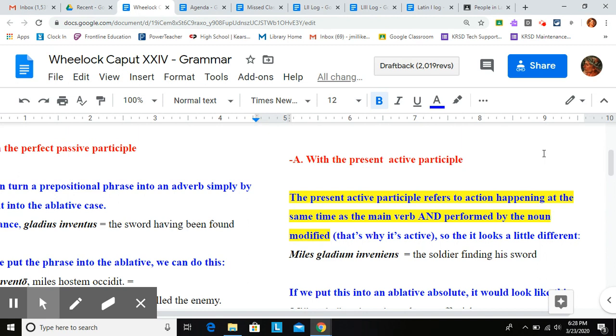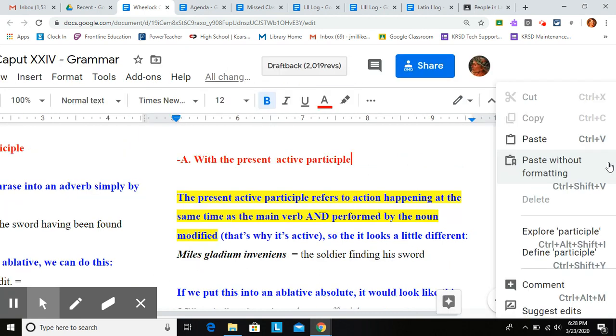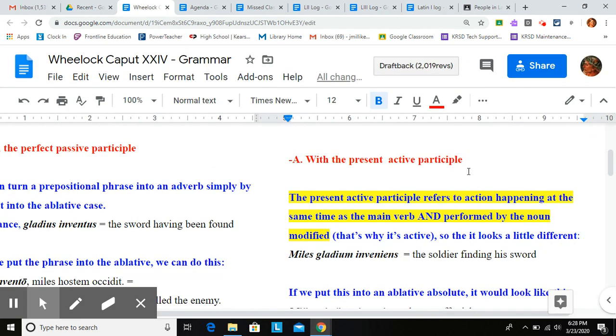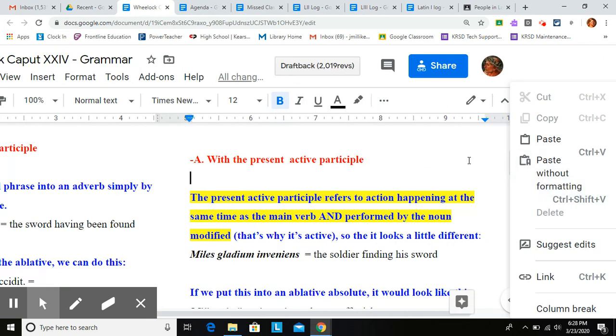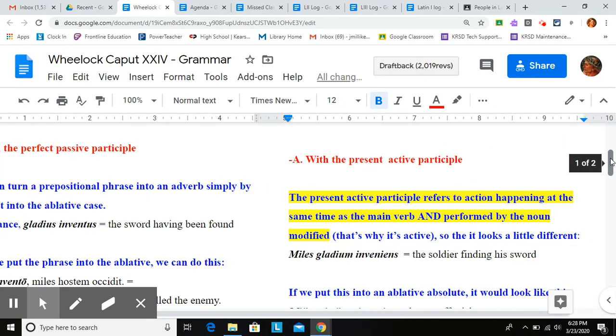Now, it can be used with any kind of participle. We can also use it with present participles. But since the present participle tells us something different, it's going to mean something a little different. Present participle means the action is happening at the same time as everything else in the sentence. So if we say miles gladium invenies, the soldier finding his sword, gladium is accusative because it's the direct object of inveniens.